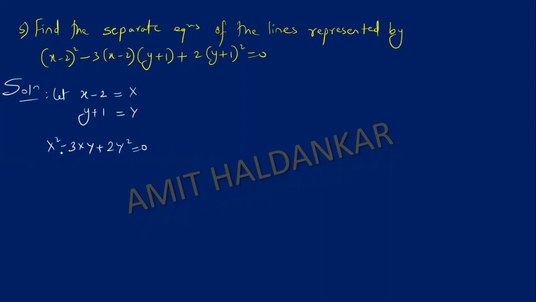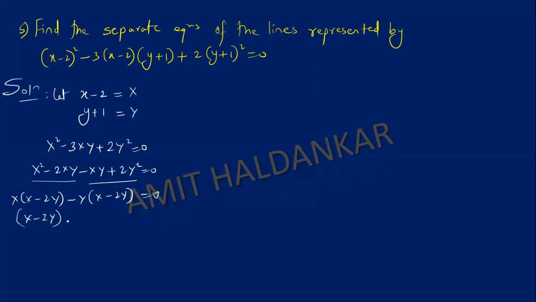Now I can factorize this. That is X square minus 2XY minus XY plus 2Y square is equal to 0. Now if I take common, I'll get (X minus 2Y) minus Y (X minus 2Y) is equal to 0. So X minus 2Y in the first bracket and X minus Y in the second bracket is equal to 0.